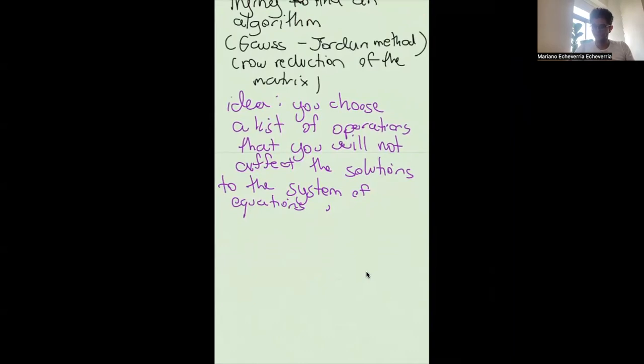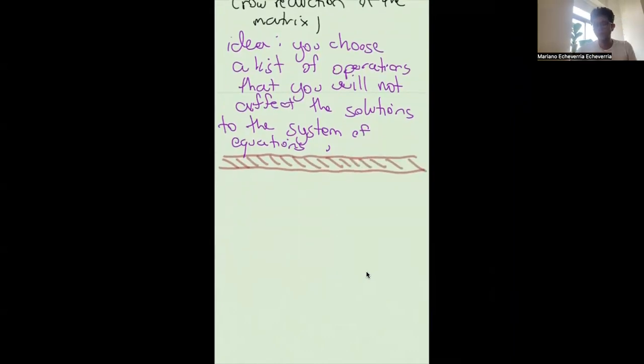Because at the end of the day, this is to help you solve the equations, right? Not to make anyone's life harder. So operation one is very simple. It's just change the order in which the equations appear. It looks very silly actually, and it's the simplest of all the operations.